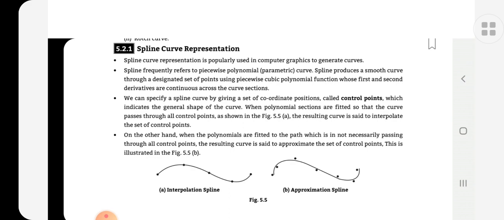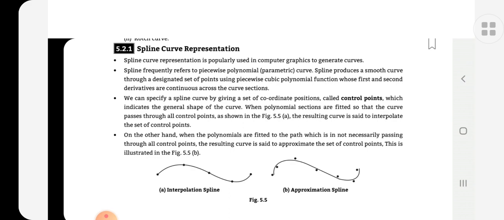The figure shows the interpolation spline in figure A, and the approximation spline in figure B. We can specify the spline curve by giving a set of coordinate positions called control points, which indicate the general shape of the curve.